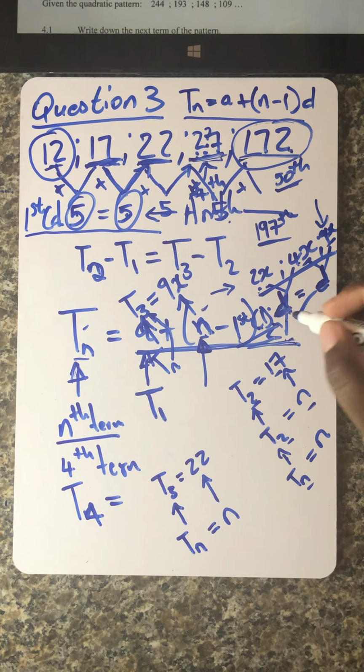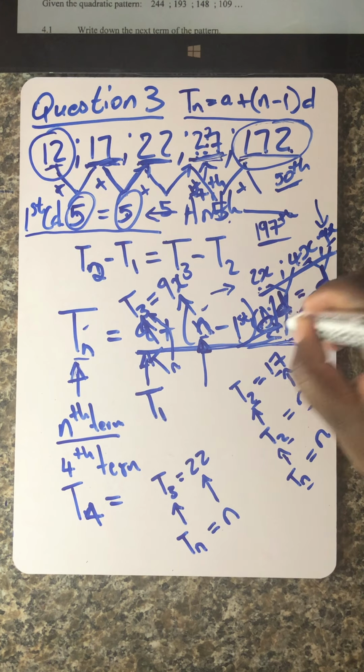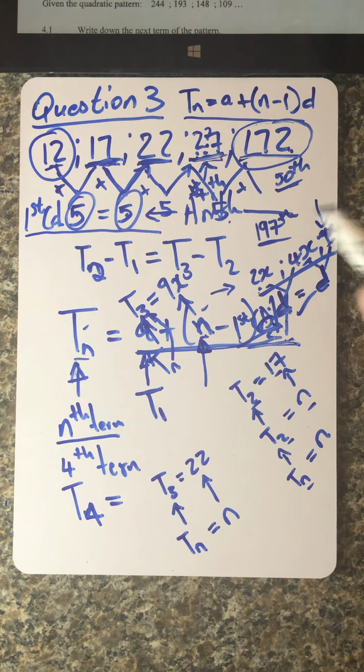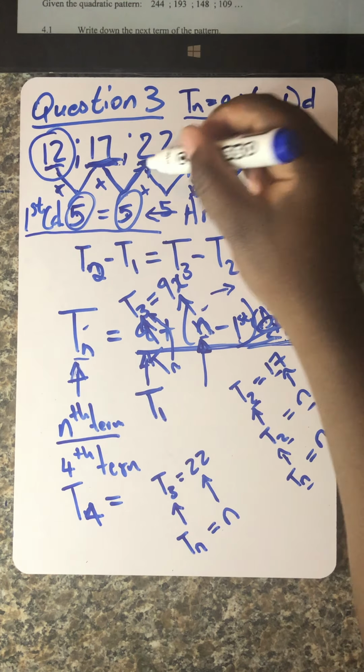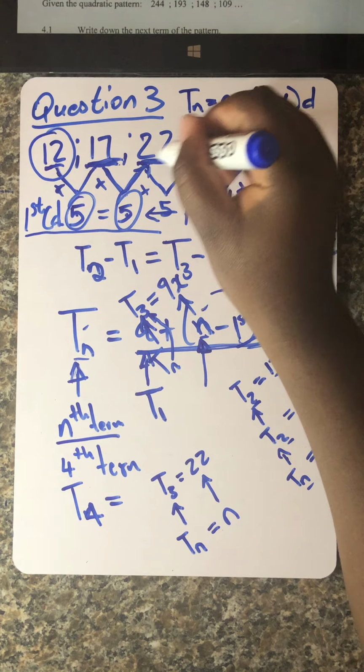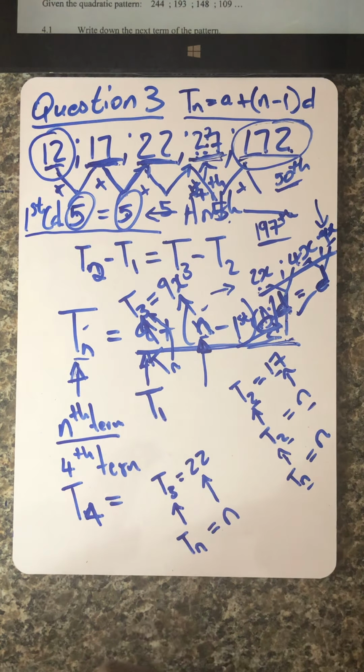So remember, guys, on the formula we've got D. I've already explained what D is. D is just the difference, okay, of the second term minus the first term, or the term minus the previous term. So, ladies and gentlemen, I think we can now get ready to start with the questions.